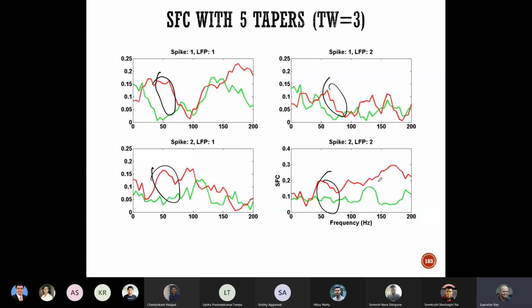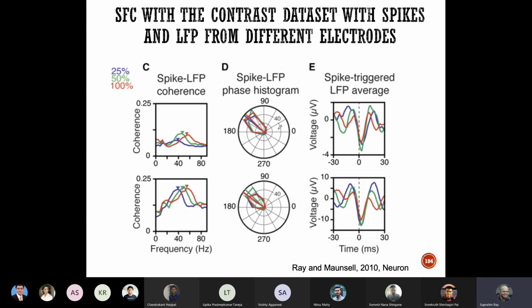And when you have LFP and spikes from the same electrode, there's also an increase at higher frequencies, which you don't see in this. But now if you average a lot of spike-LFP pairs from different electrodes, you will end up with a plot like this.